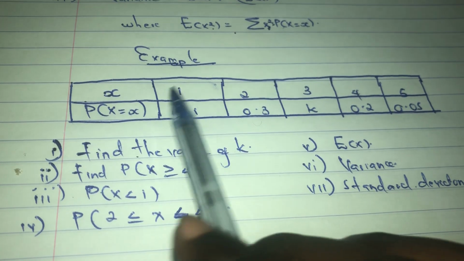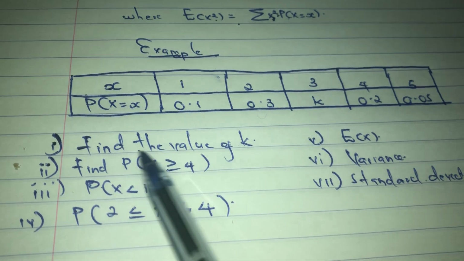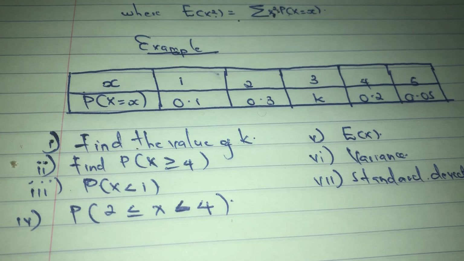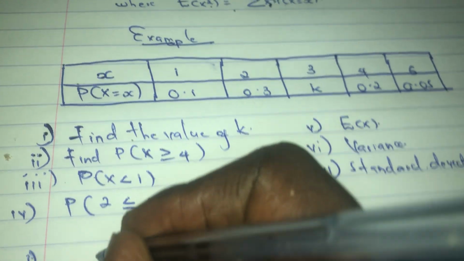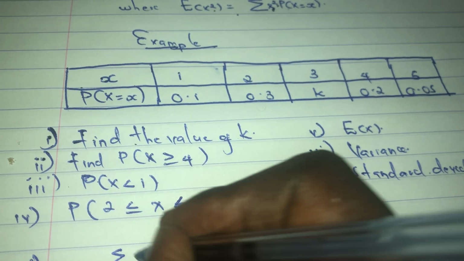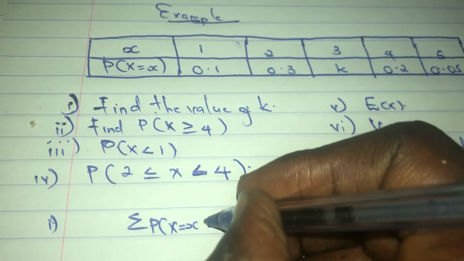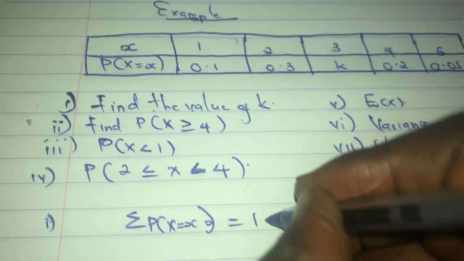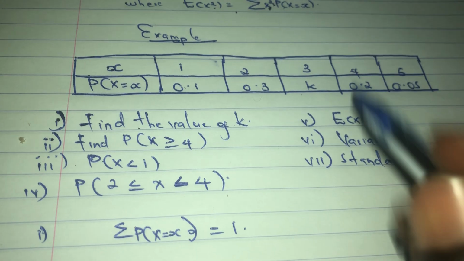They've given you the probability of x, which is this, and they're telling you to find the value of k. Are we together? Remember we said the summation of all these probabilities of x should equate to 1. That means if I add this plus this plus this plus this plus this, it should equal 1.